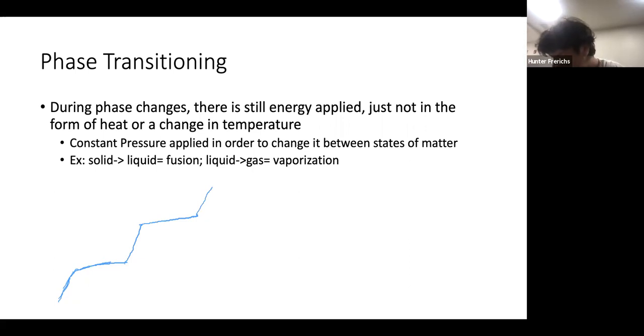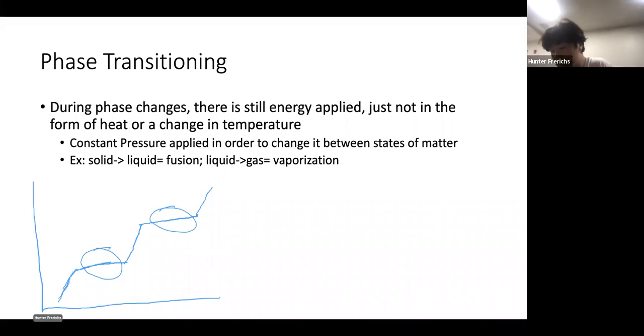So during phase changes, these flat parts are known as phase changes, or transitions in phases, because you have no temperature increase. Your y-axis is your temperature, which rises whenever your object is gaining temperature, and your x-axis is your pressure.